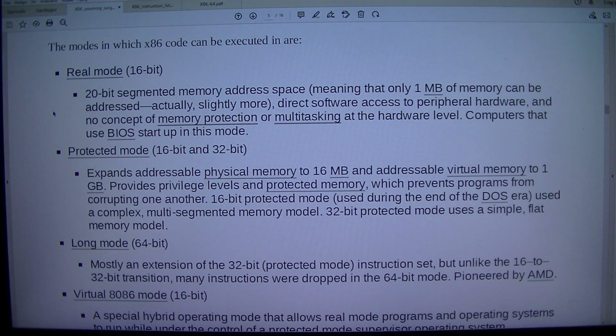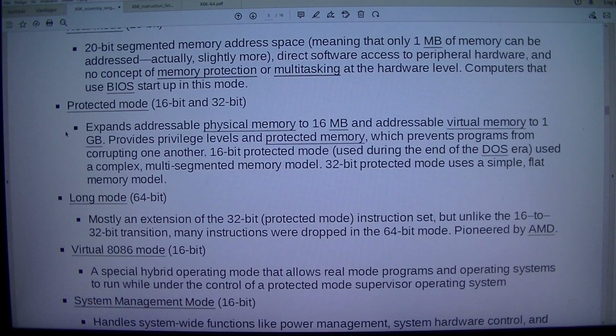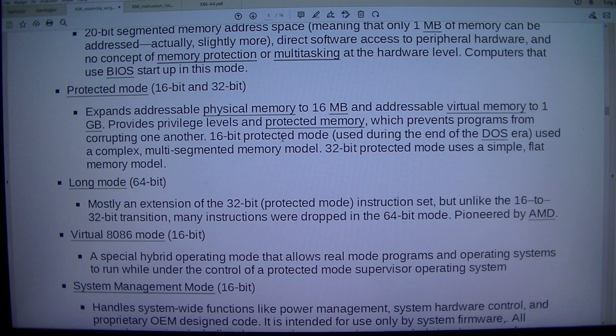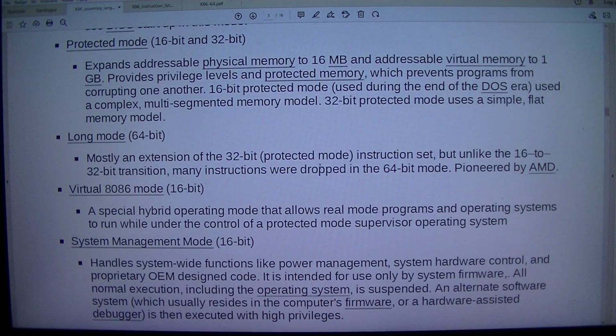But unlike the 16 to 32-bit transition, many instructions were dropped in the 64-bit mode. Pioneered by AMD. Virtual 8086 mode, 16-bit, a special hybrid operating mode that allows real mode programs and operating systems to run while under the control of a protected mode supervisor operating system.